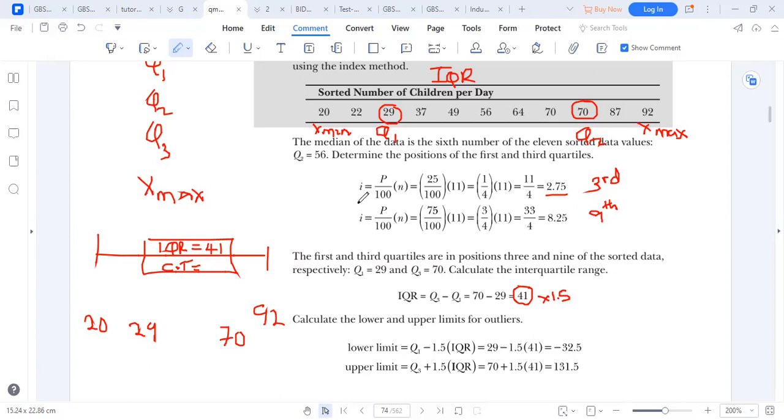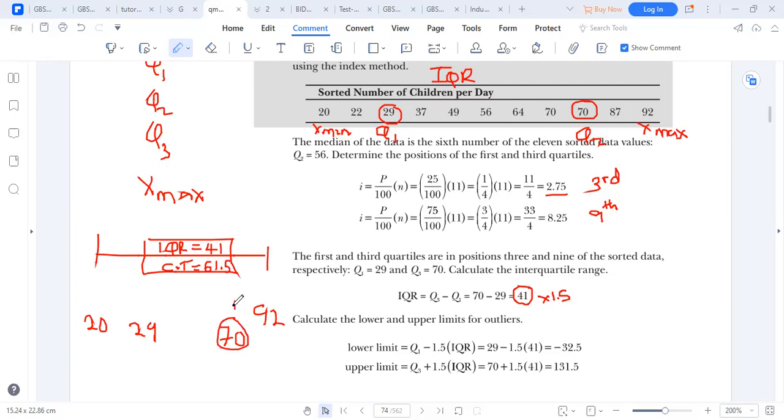41 times 1.5. What do we get? 61.5. So this 61.5, you add it here.